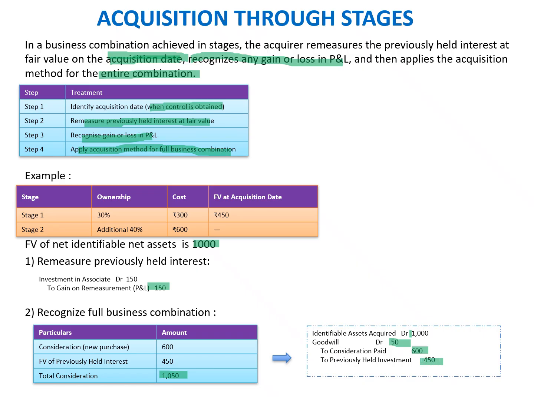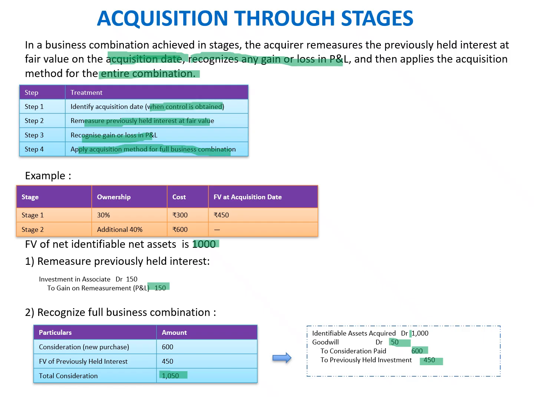So the accounting entry is making sure that we have recorded the identifiable assets of the acquiree at fair value, which is 1000. The previously recorded investment of 300 got increased to 450 by creating a gain in the P&L. And then once it has increased to 450, it was credited, because the entire net assets are now being debited in the acquirer's books of account, and the goodwill, which is the resultant figure of 50, is the balancing figure between the fair value and the value at which it has been acquired.